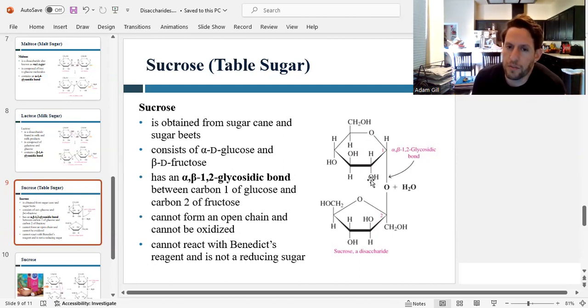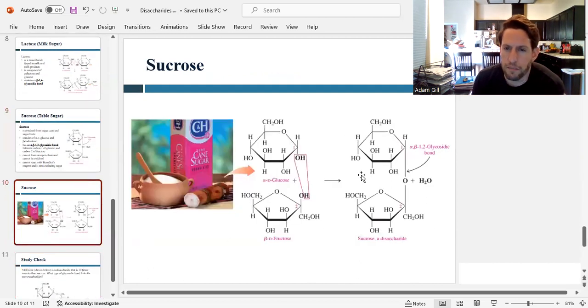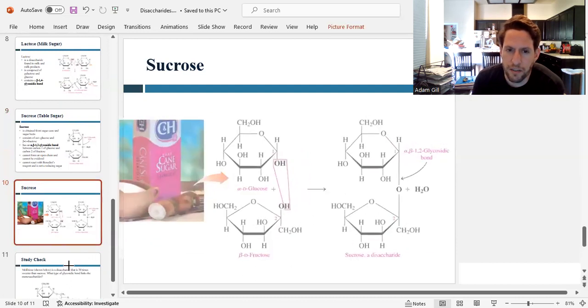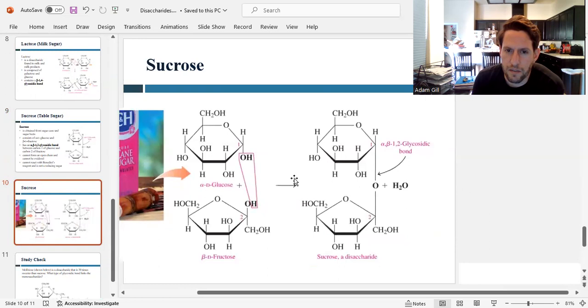And so sucrose will not react with Benedict's reagent, and it is a non-reducing sugar. So it can't be oxidized. So here's a better image showing you the two individual sugars coming together. And so you can see carbon 1 is alpha, carbon 2 is beta, and then we're going to link those together as the alpha beta 1,2 bond.